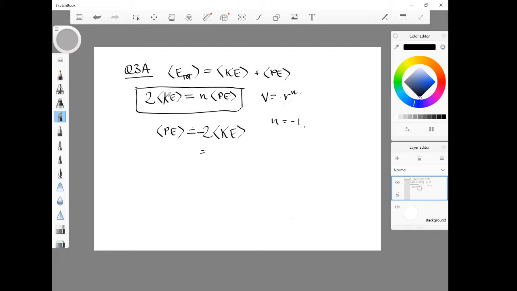And so what we end up with is that the total energy is equal to minus KE by just substituting in the top. Oh, thanks for that.